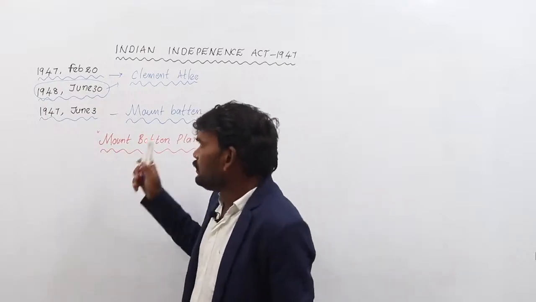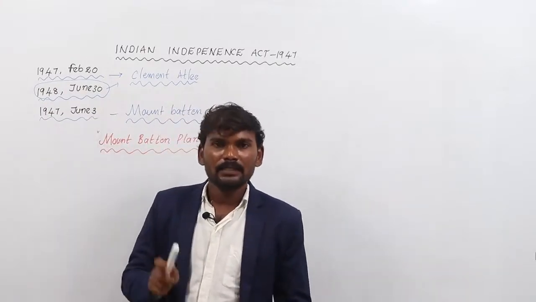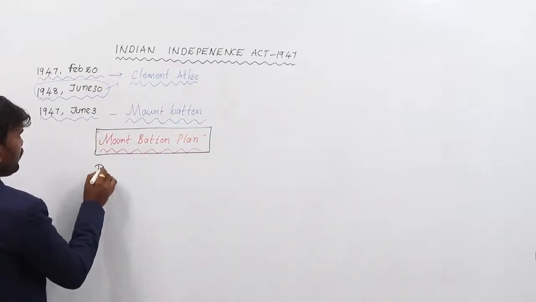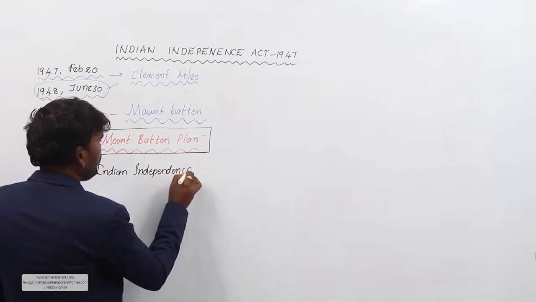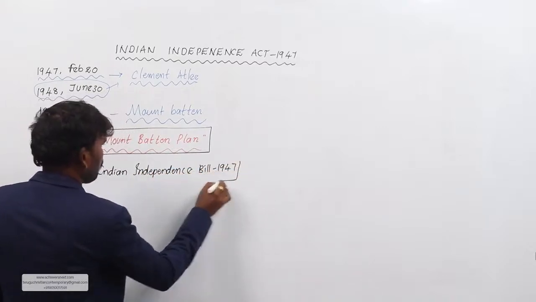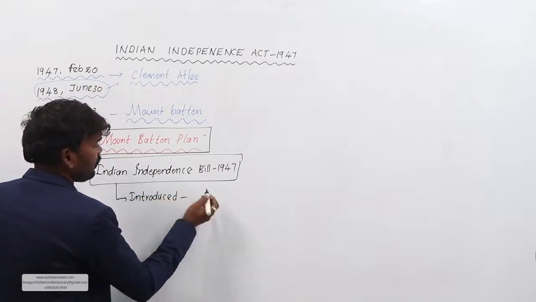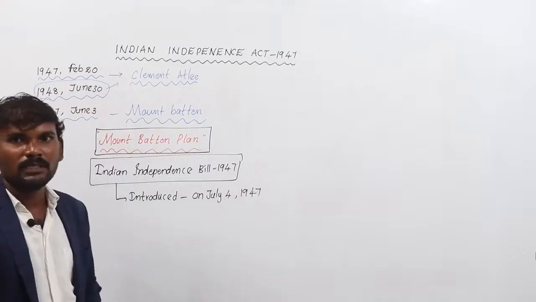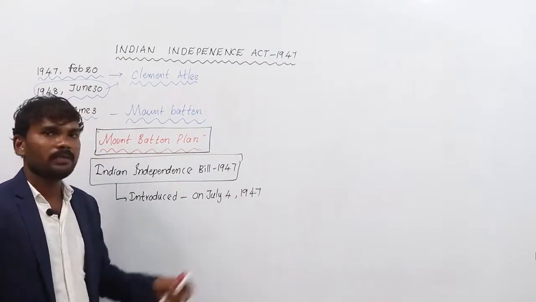As per the Mountbatten Plan, which was announced on June 3rd, 1947, the Indian Independence Bill 1947 was introduced in the British Parliament on July 4th, 1947.